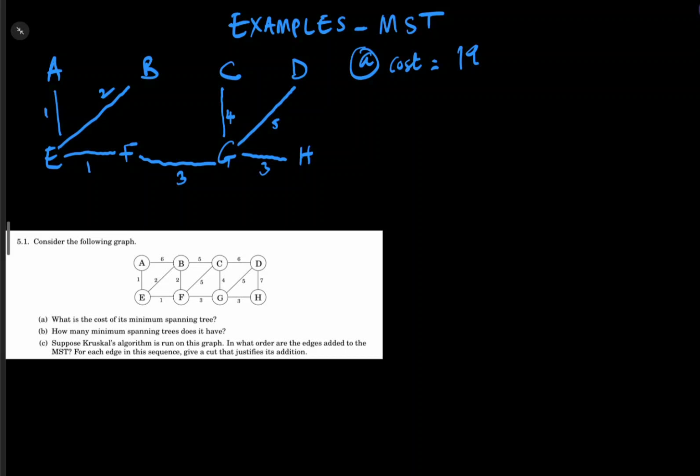If we instead had an edge from E to B, we see that this minimum spanning tree still has exactly the same cost. It costs 19, and it's a different graph from the first one. So yes, we have 2 minimum spanning trees: this and the previous one, which had an edge BF instead of an edge BE.